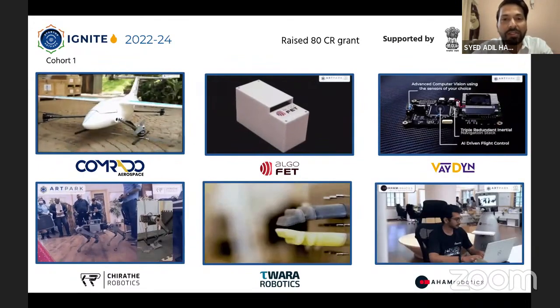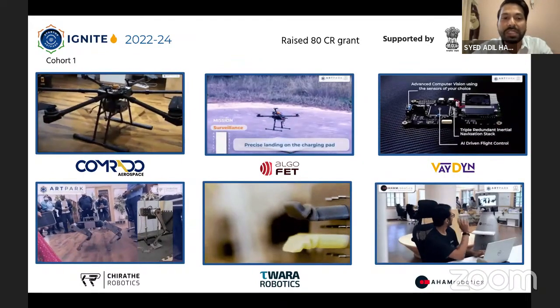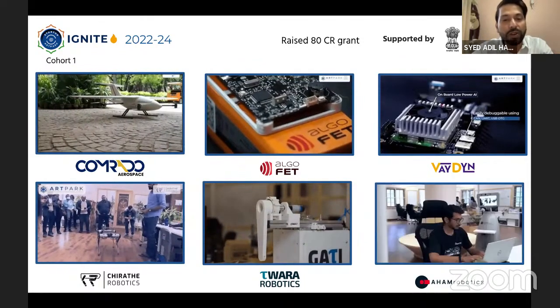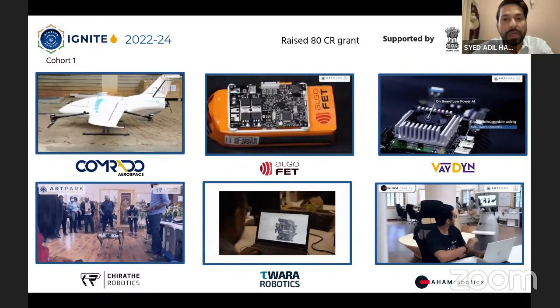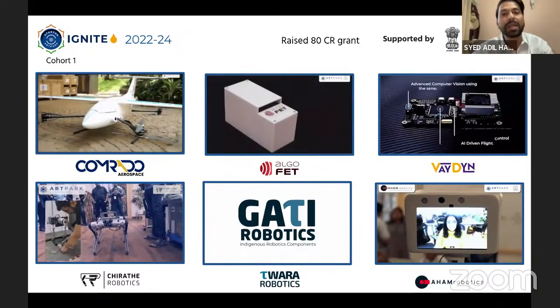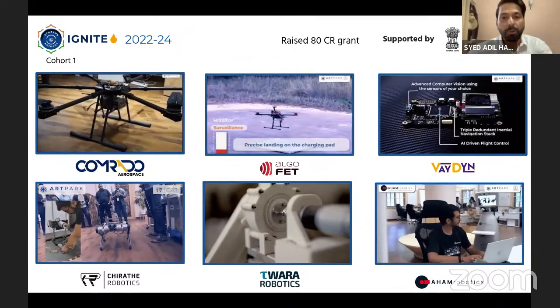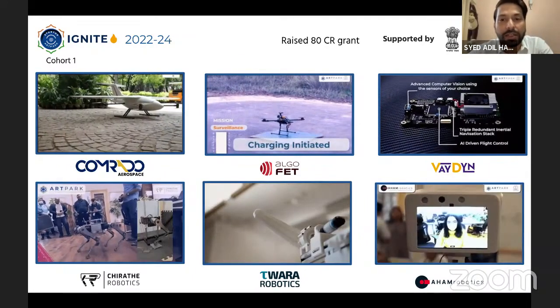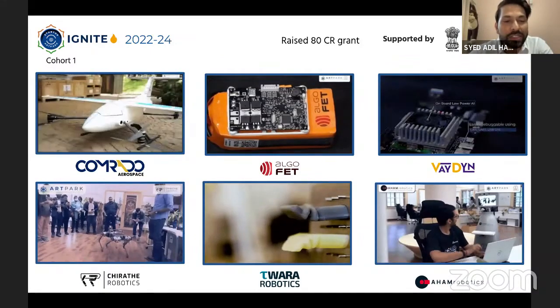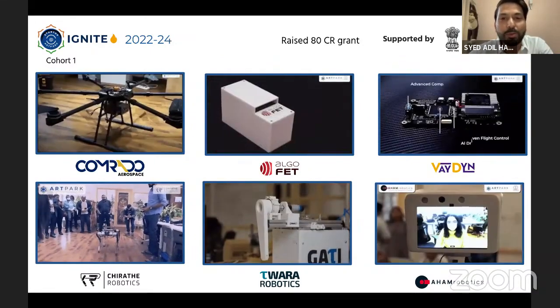If you see in the grid, on the left-hand side is Comrado Aerospace, which is doing aerial mobility. The second is AlgoFet, which is working on an autonomous drone charging pod and the BMS, battery management system, for drone charging. Vedine is SOM drone. The bottom left is Chedate Robotics, which is a legged robot, which you would have seen from Boston Dynamics.